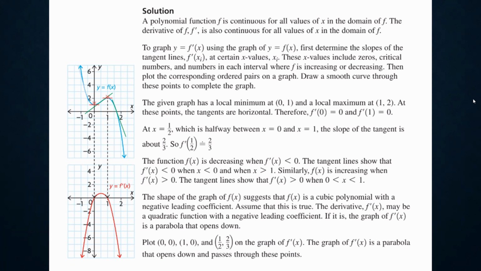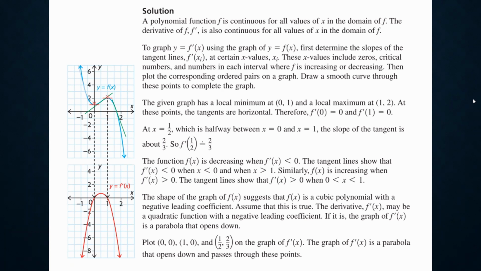So to graph y equals f prime of x using the graph of y equals f of x, first determine the slopes of the tangent lines, f prime of x, at certain x values. These x values include zeros, critical numbers, and numbers in each interval where f is increasing or decreasing. So we need to find tangent lines at certain points, right?